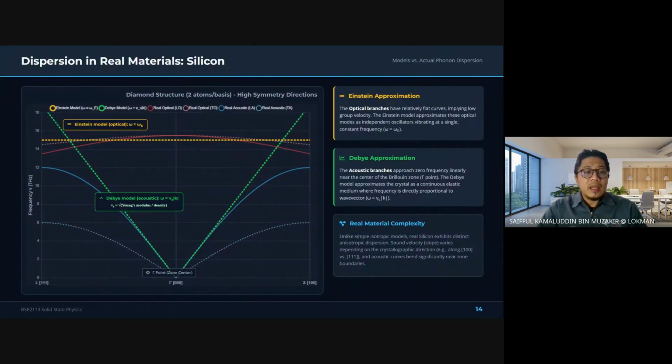So the one that behaves like this is acoustic. This is acoustic phonon. This one as well, this is acoustic phonon. And this one is optical phonon, where at k equals 0 or gamma, the frequency is not 0.